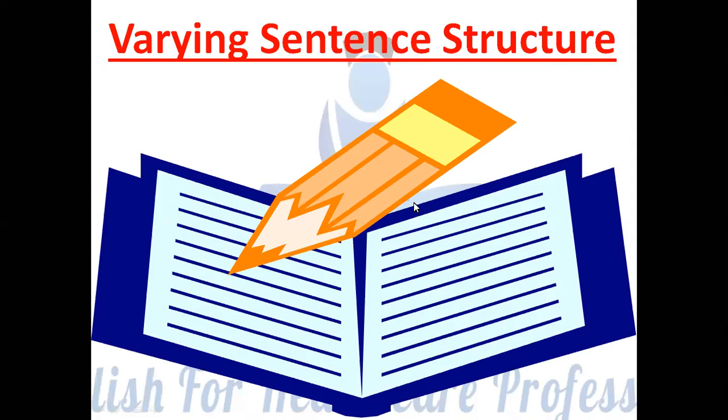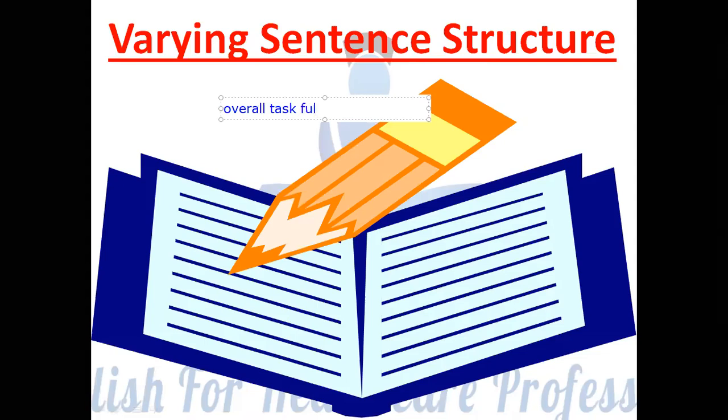So now we are going to start this session, and now we are going to look at the sentence structure. As we discussed in the very first session, there are three criteria in OET writing which look at your ability to construct sentences. We discussed the criteria which looks at overall task fulfillment.